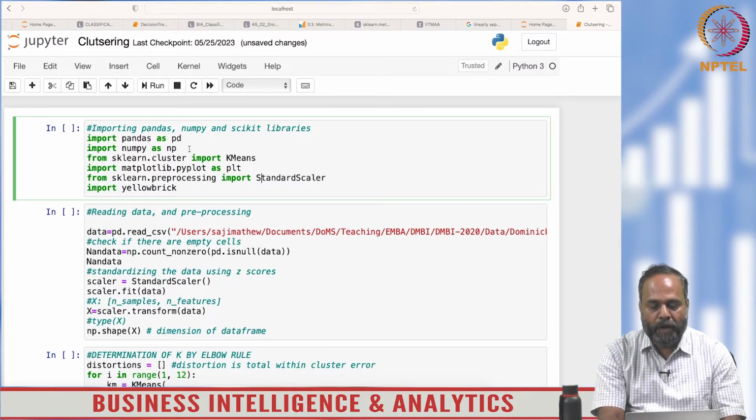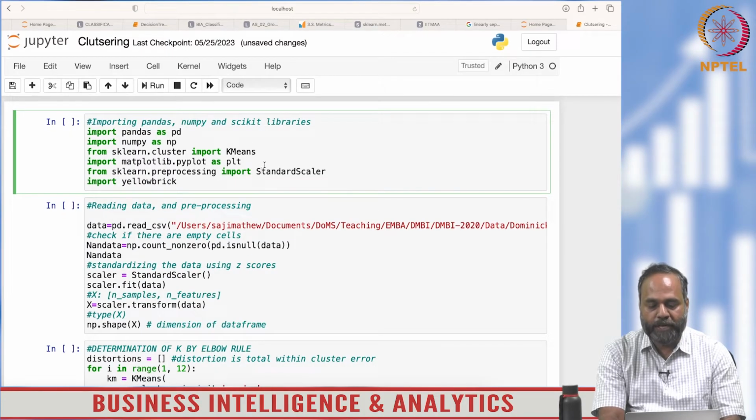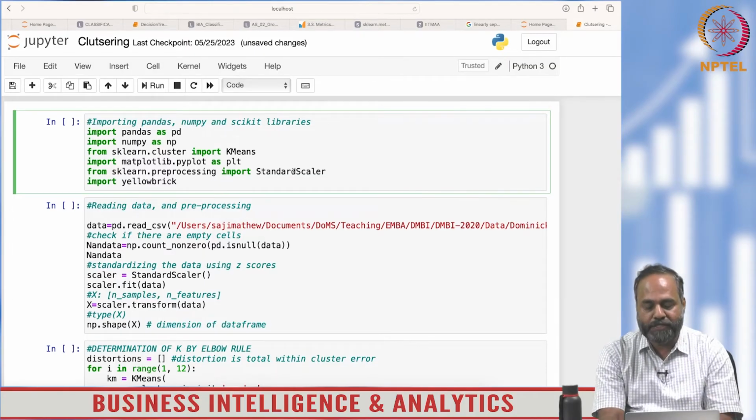So, I am importing pandas as pd, NumPy as np, and from scikit-learn cluster I am importing KMeans as a function, and matplotlib.pyplot as plt, that is the short name I give here. And for data pre-processing or standardization, I am using StandardScaler, which does z-score normalization.